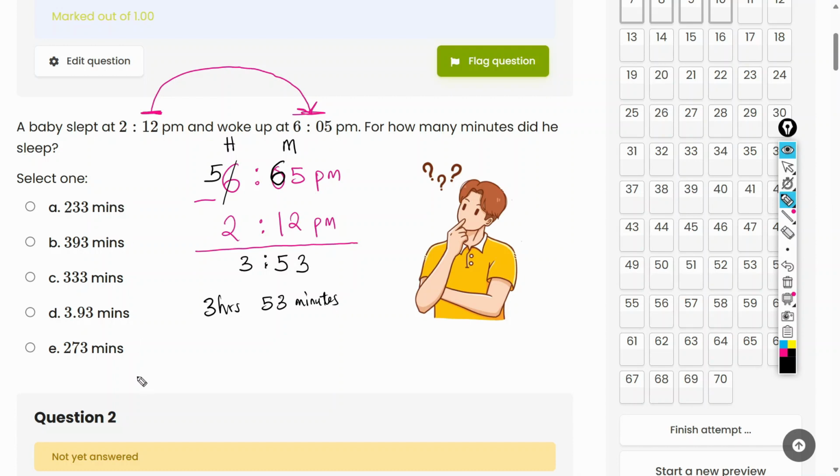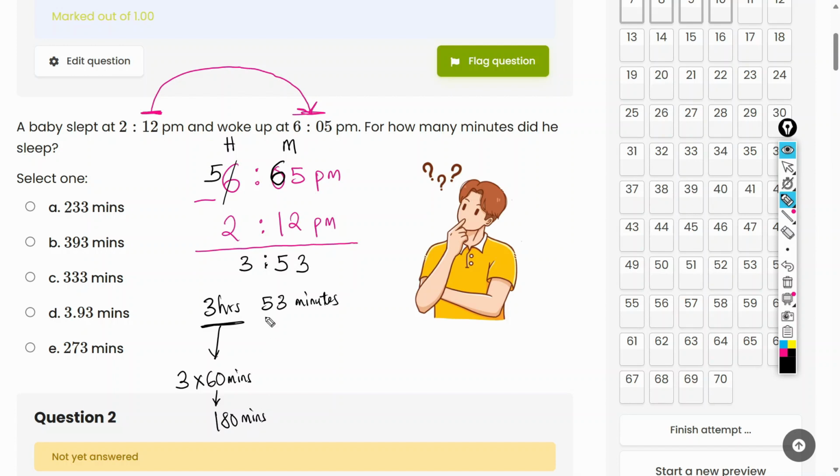Since all our answers are in minutes, we need to change 3 hours to minutes. Since 60 minutes make 1 hour, then 3 hours will be 3 times 60 minutes. 3 times 6 is 18, then we include the 0 behind, that's 180 minutes.